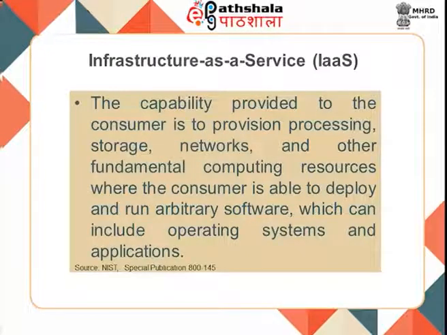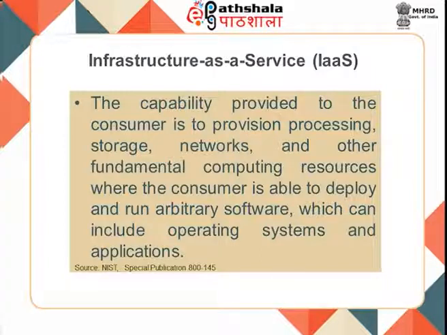Next we come to infrastructure as a service. Infrastructure as a service says it is the capability provided to the consumer to provision processing, storage, networks and other fundamental computing resources where the consumer is able to deploy and run arbitrary software including the operating system and applications.